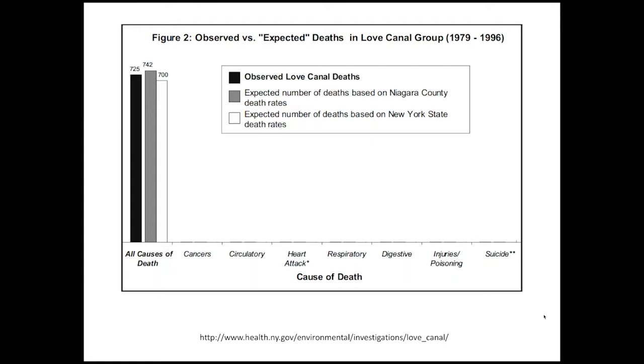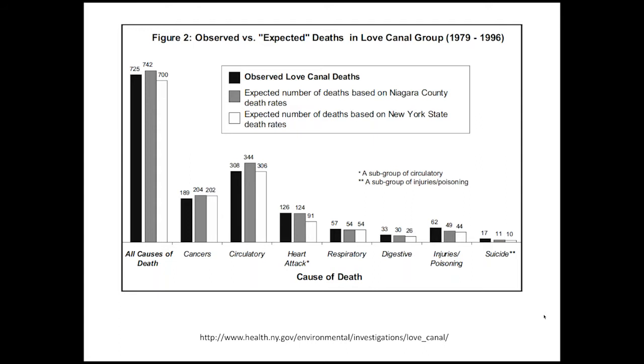You see that all-cause mortality on the left, the observed Love Canal deaths is lower than the expected deaths. And when you compare it to the state, it's also lower. It's about midway. If you look at cancers and other diseases, you'll see that the observed is primarily lower for many of these conditions than the expected.